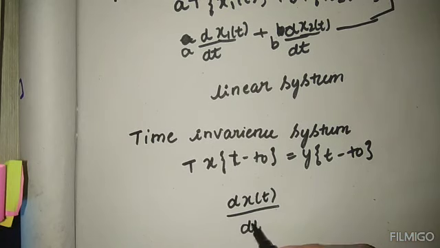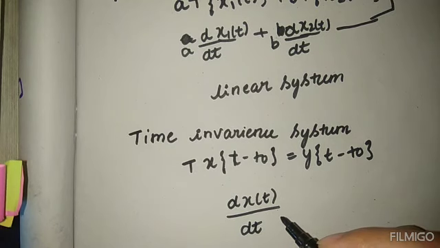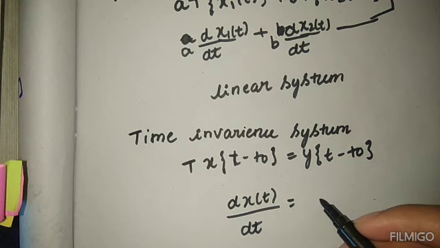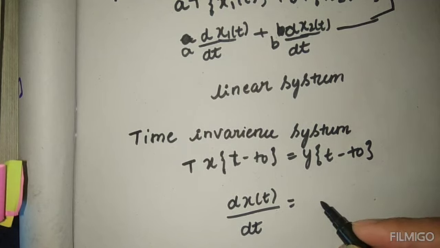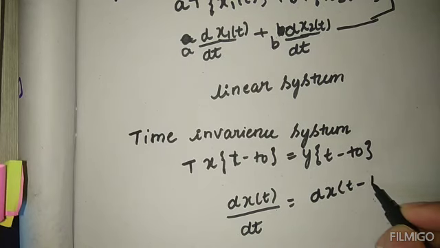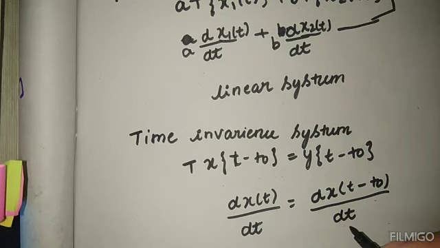Yes. So this you can say is time invariant because you have only one t, right? Here, for the transformation of x of t minus t naught, it would be dx of t minus t naught divided by dt, right? Yes.